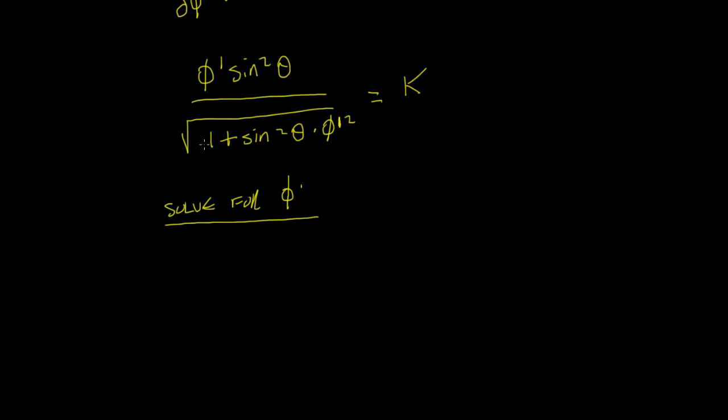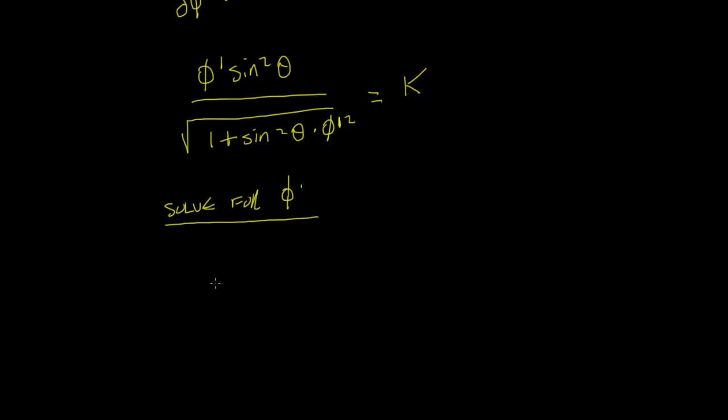We can multiply by the k, square this to get rid of the square root, and then gather all the phi derivatives together on this side.